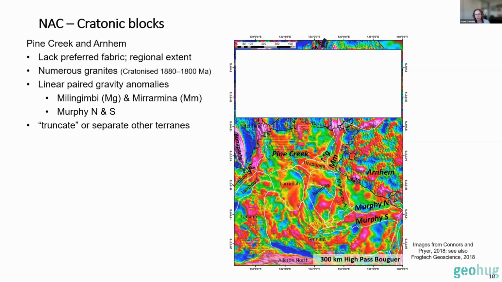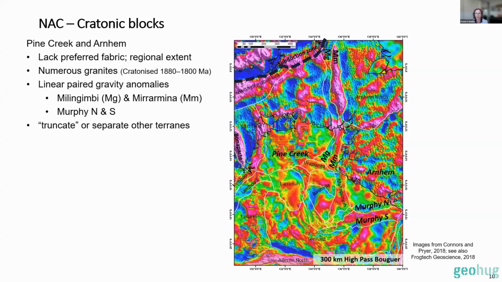And they're separated by this negative and positive gravity anomaly that I referred to as Milingimbi and Miramina. So this linear terrain separates the larger cratons, and then to the south, again, we've got a paired negative and positive gravity anomaly in the Murphy terrains, and these come along and truncate the bottom of the northern terrains.